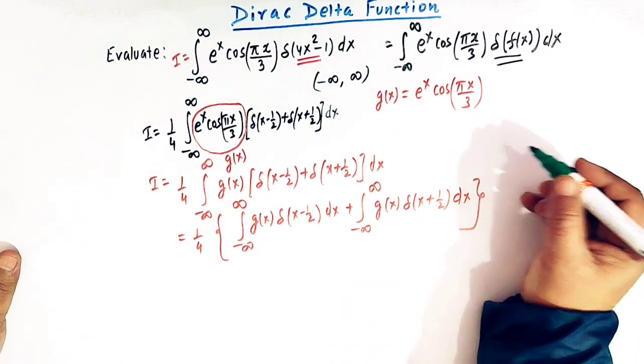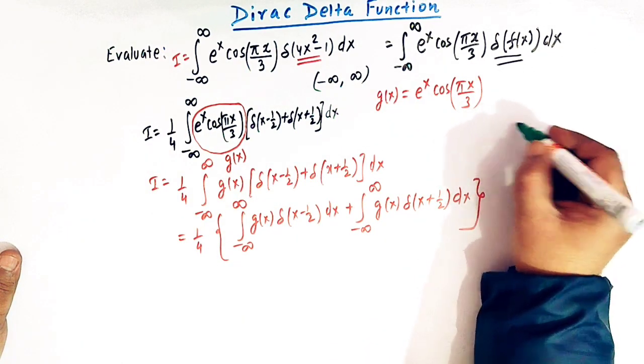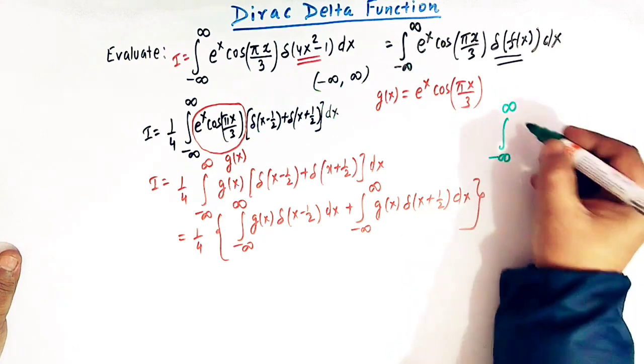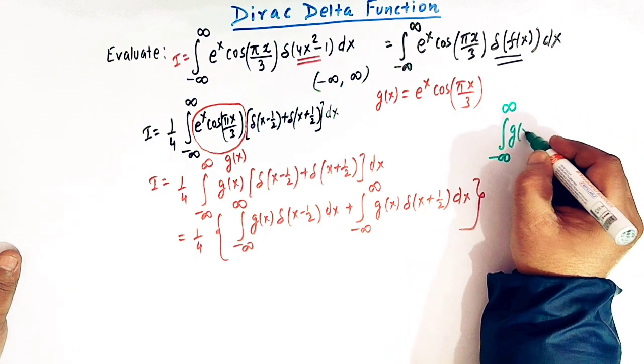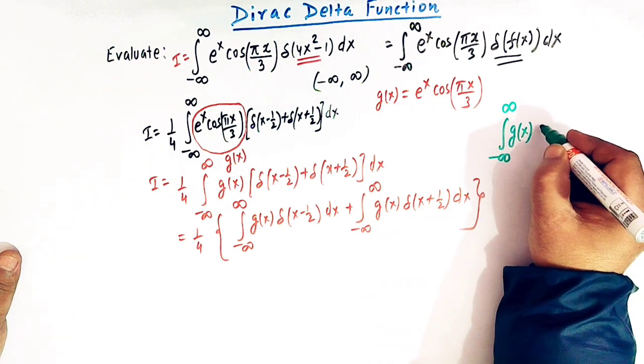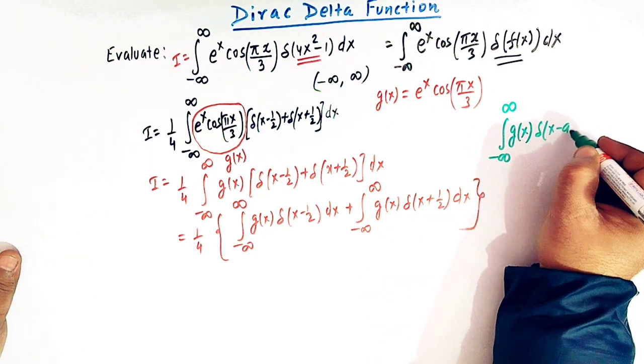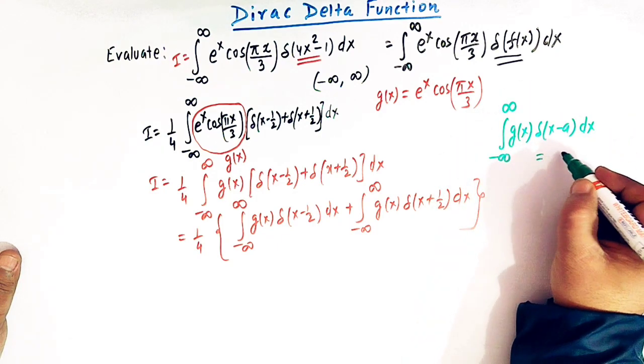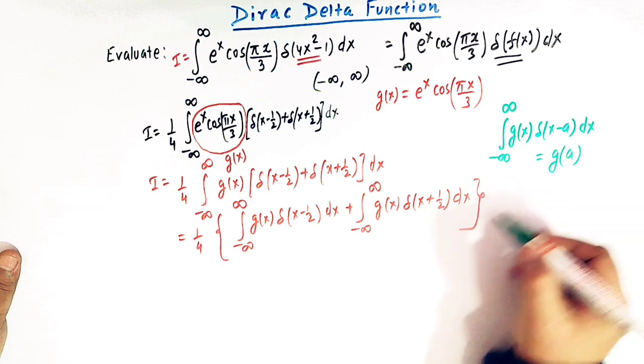The definition goes like this: the integral from minus infinity to infinity of some function g of x times delta of x minus a, dx, is equal to g of a, right?